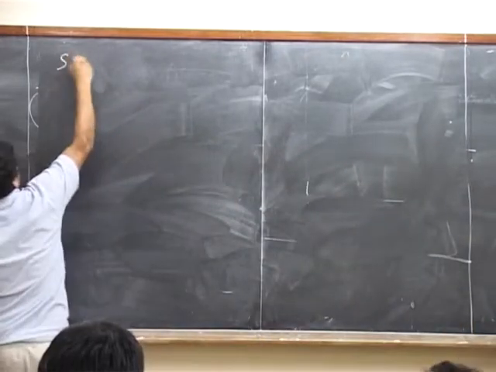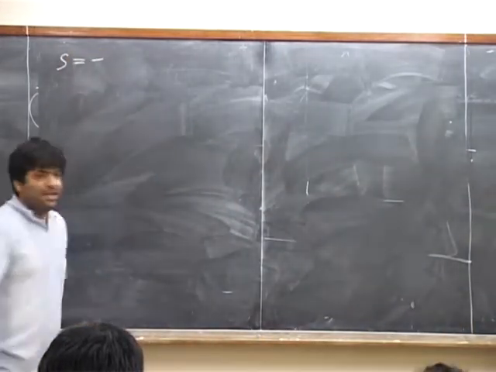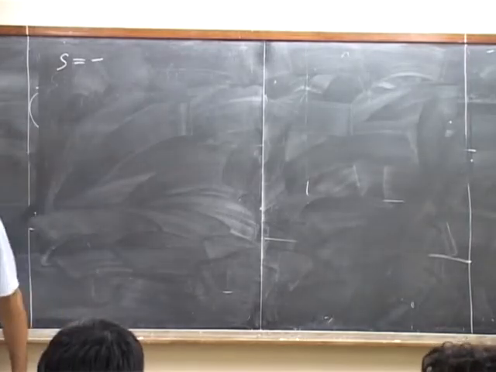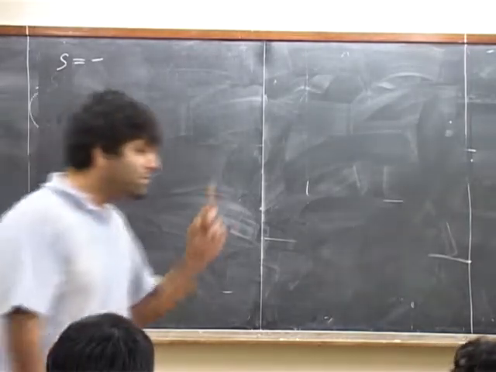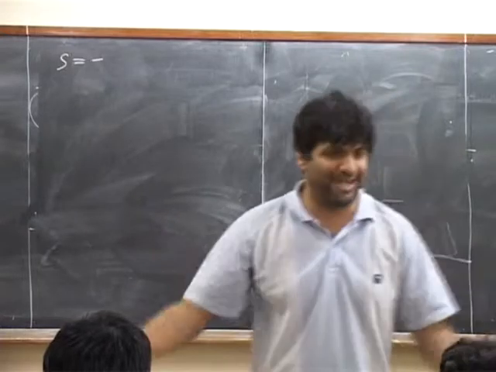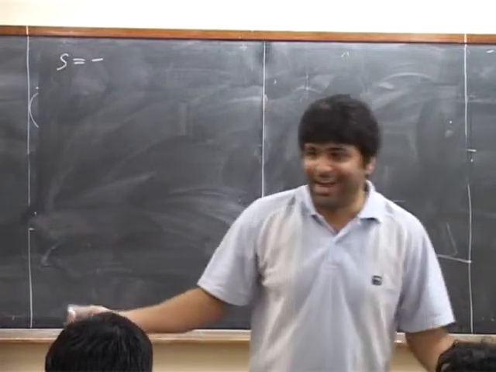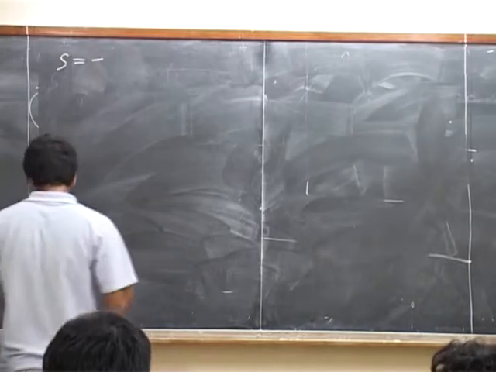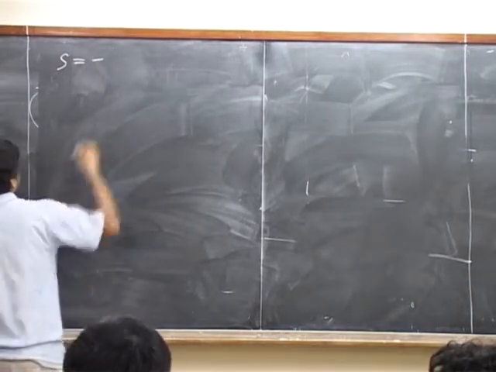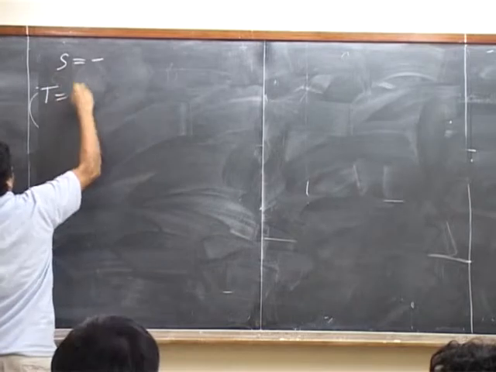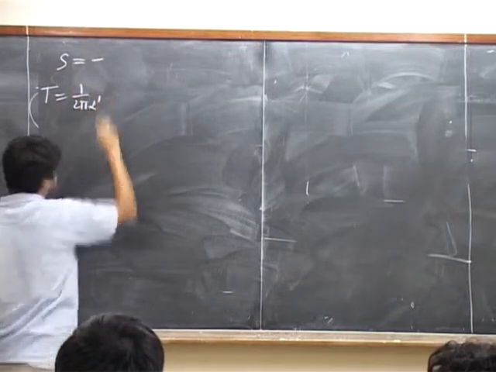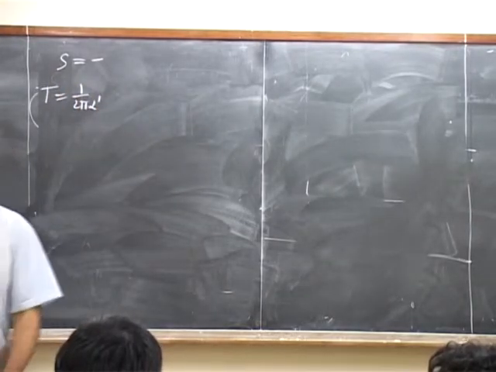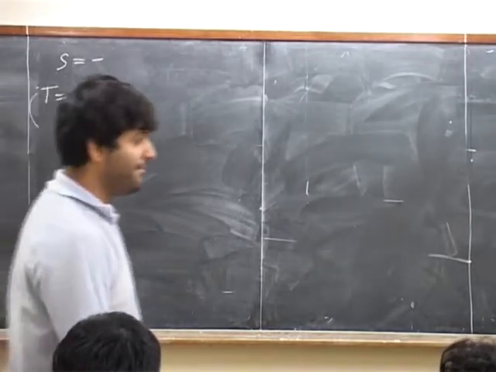Okay. So what's our goal? Our goal is to take this action, which is minus T. Now I'm going to switch to the conventions used in string theory. T, the coefficient in front of the action, was the tension of the string. It's conventional to write T as equal to 1 over 2 pi alpha prime. Let's look at dimensions.